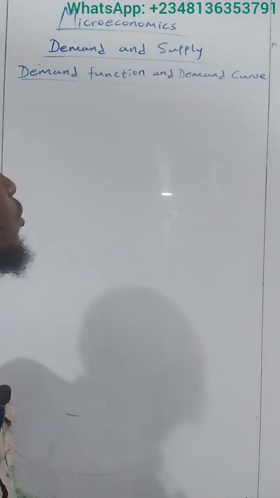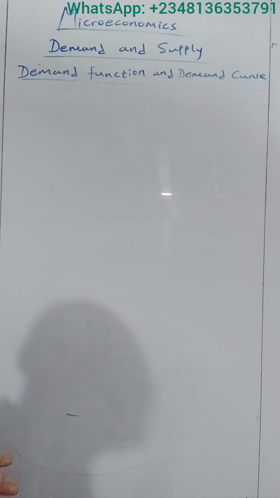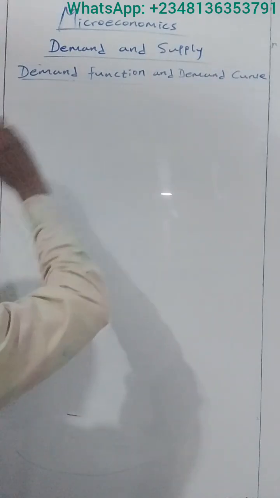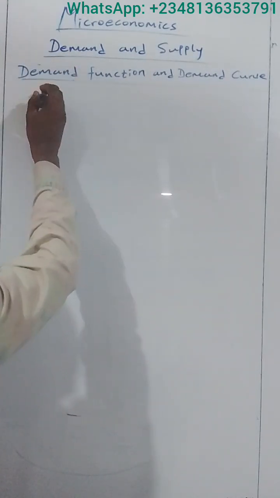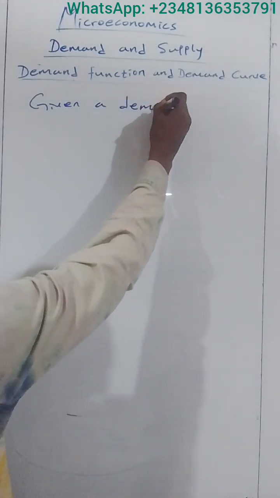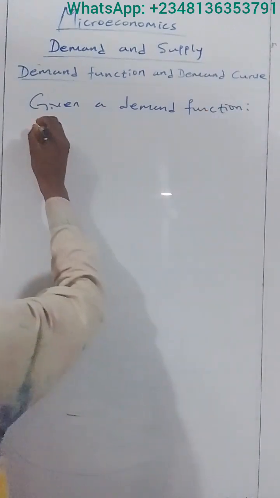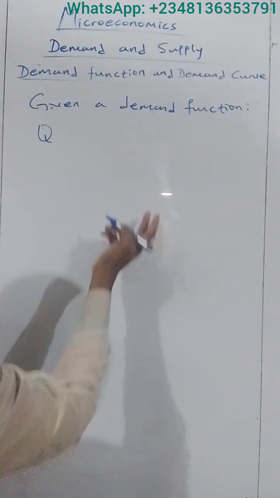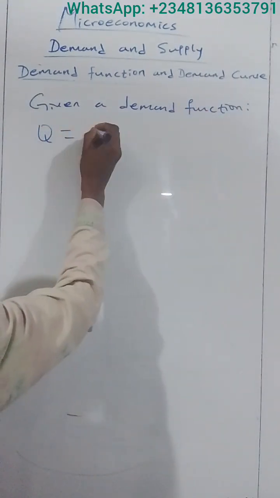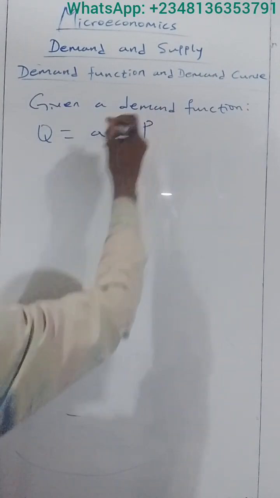So we are still on demand and supply. In this class, I'll be showing you how to graph a demand function. For example, let's say we are given a demand function, QD, or just Q, which is A minus BP.